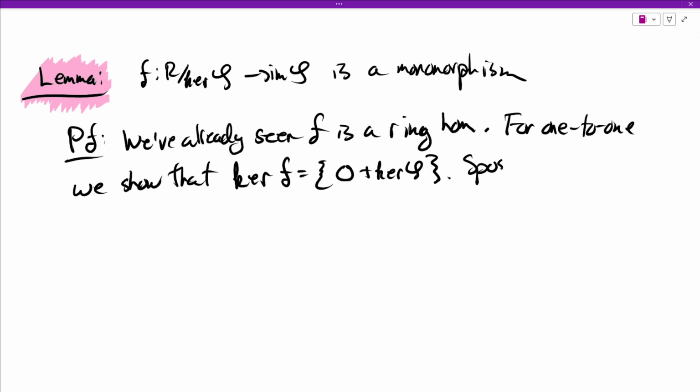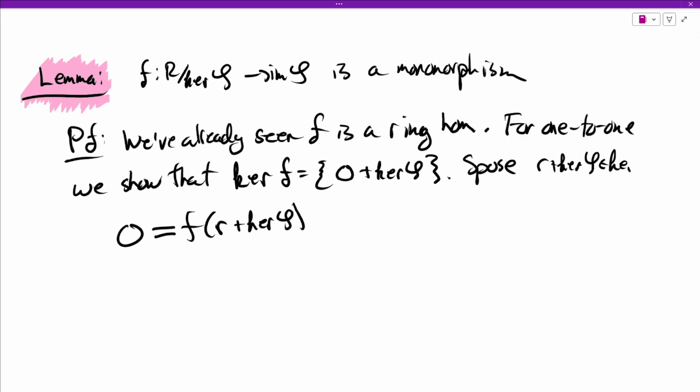So suppose that f of R plus kernel phi on the one hand is 0. So R plus kernel phi is in kernel f. I know that's a little bit weird to wrap your head around, but the inputs for f look like cosets again. Okay, so by definition of f, this is plug R into phi. So it's saying that phi of R is 0.